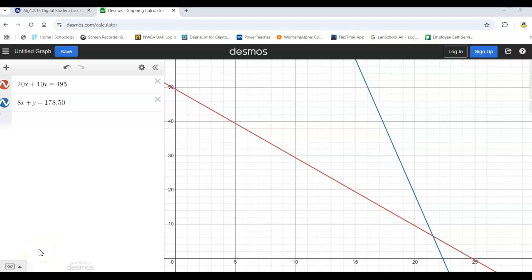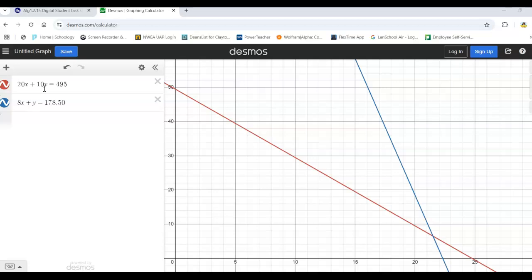Okay, students. So you can see that I have just opened up Desmos and I've put our 2 equations in. And remember that in Desmos you have to use X and Y only. You can't use other letters in order to calculate things or to graph things.